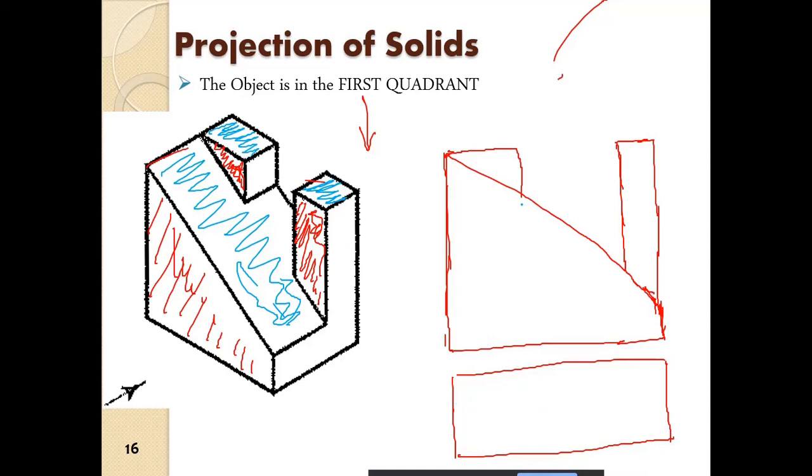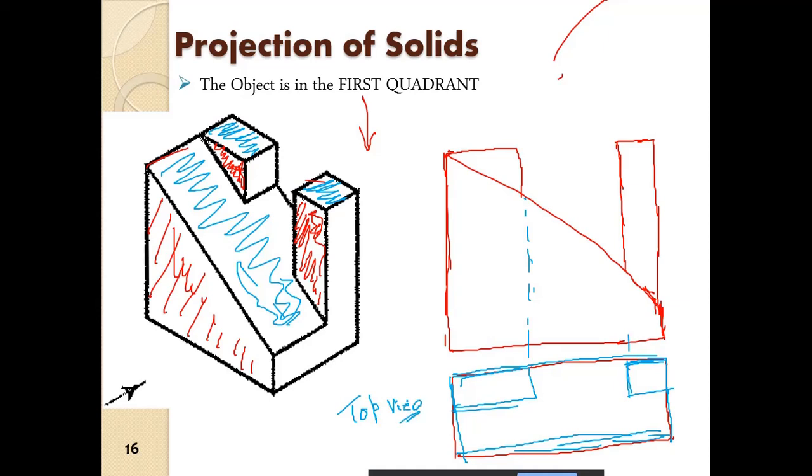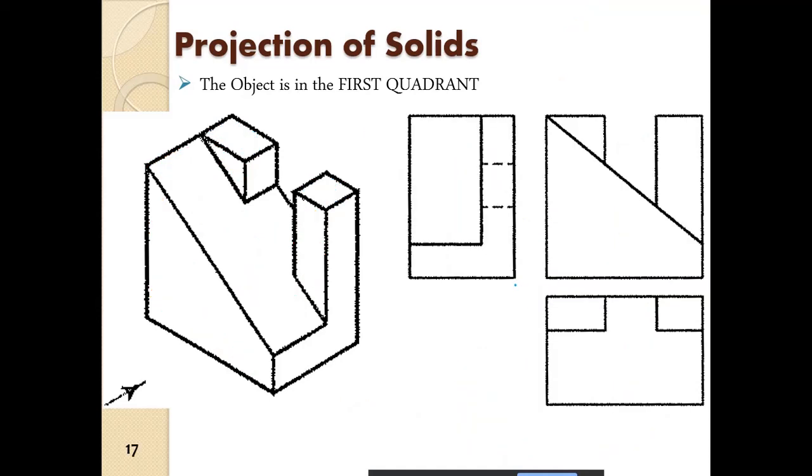So here, corresponding to this one, will be one block of this nature, and here corresponding to this one will be one block of this nature, and the rest. So that is the top view. And this is the front view. So is it matching? Yeah. So this is the top view and this is the front view.